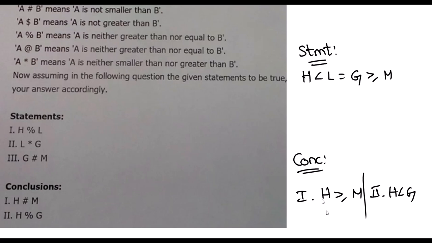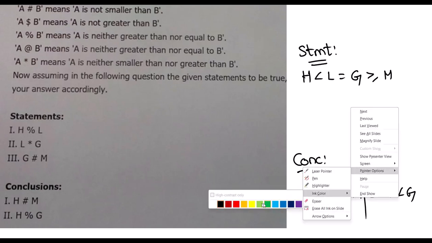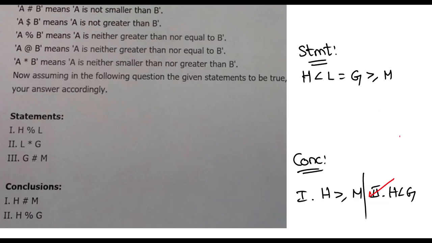Here, as L equals G, H less than G is correct. In terms of the diagram also, H is less than L, and G and L are both equal. Obviously, H less than G is correct. But with respect to H and M, we cannot give a relationship. What is the problem, sir? See, L, G, H. G is equal to M or G may be greater than M. Then M is here, or here, or here.